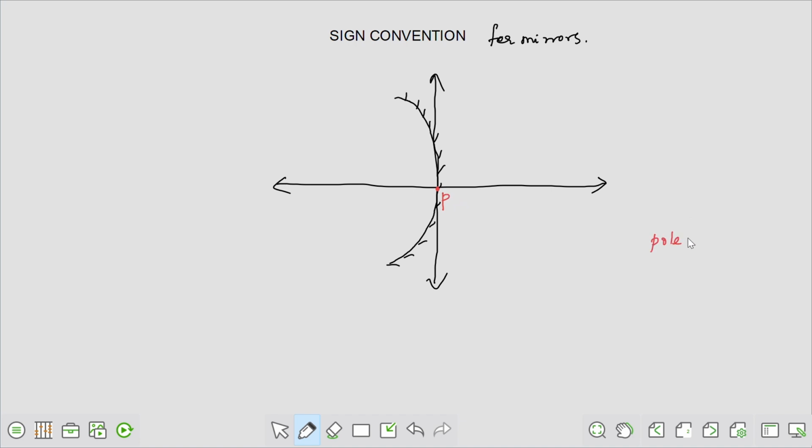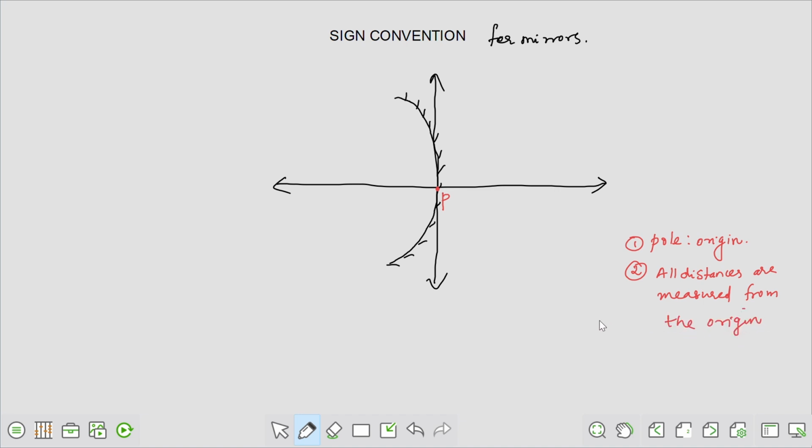So the pole is our origin. This is the first point that you should remember. And the second point that you should remember is all distances are measured from the origin.